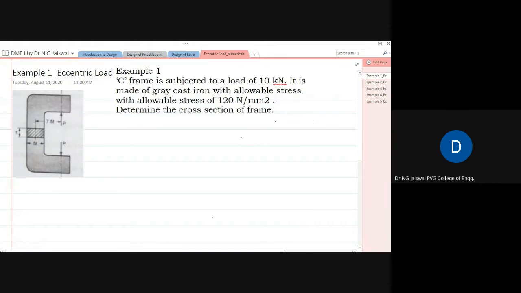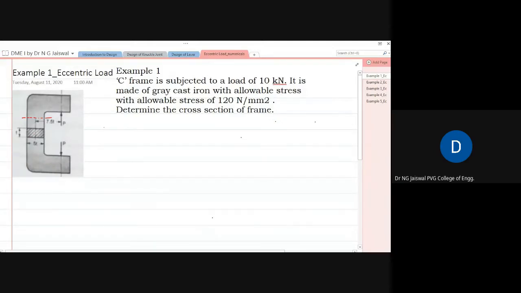What you see here is a rectangular cross section; if you cut this arm and see from the top, what you see is the rectangle. In that sense, it is an eccentric load, as it is not passing through the centroid of this cross section.